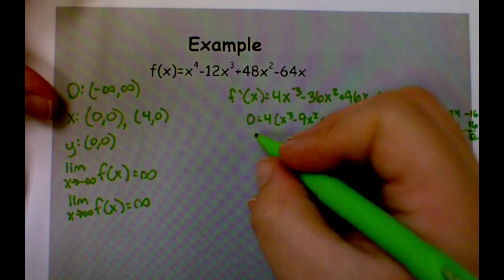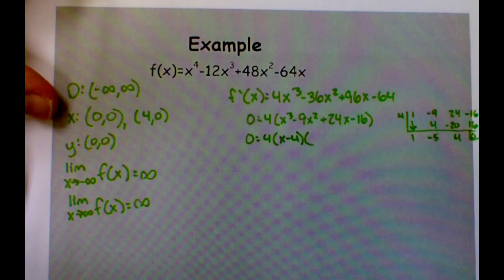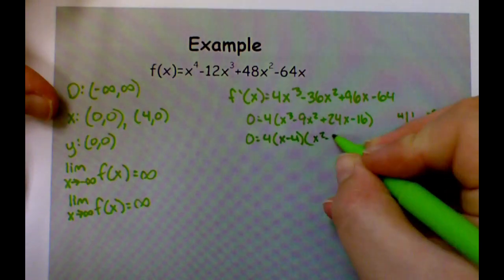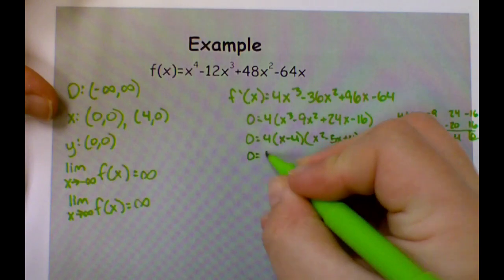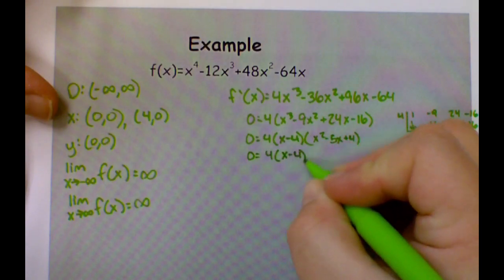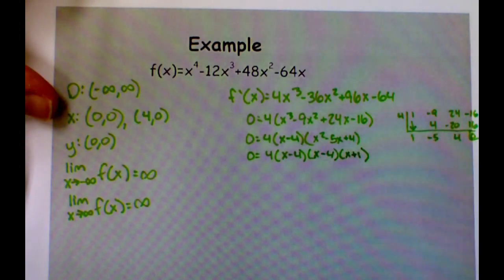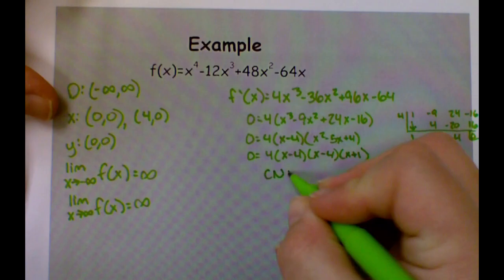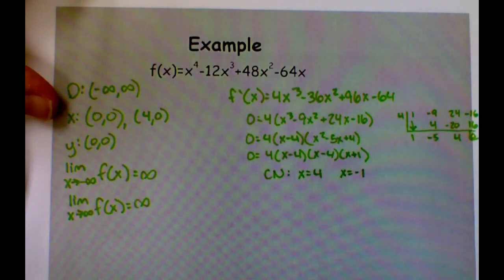There we go. So this factors into 4 times x minus 4 times x squared minus 5x plus 4, which makes it 4 times x minus 4 times x minus 4 times x plus 1, which means my critical numbers are x equals 4 and x equals negative 1.